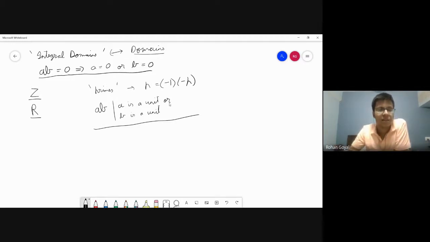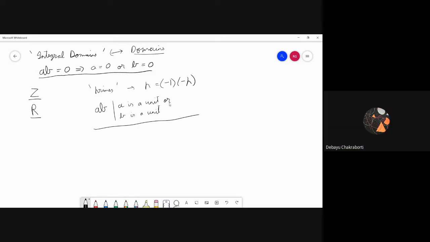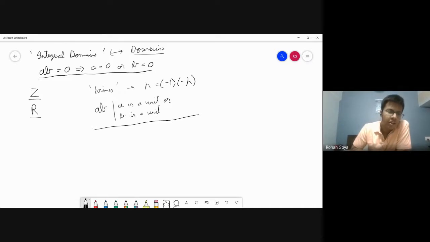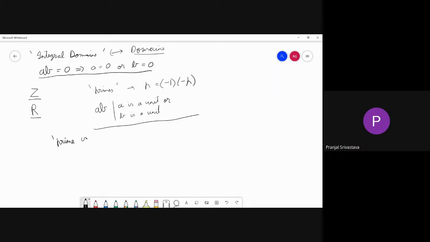Okay, perfect. Now that you have this definition, can you wait for a moment? Okay, yes, fine. So now you define elements to be primes. What would you want to define a prime ideal as? Also, isn't this the definition of an irreducible element and not a prime?